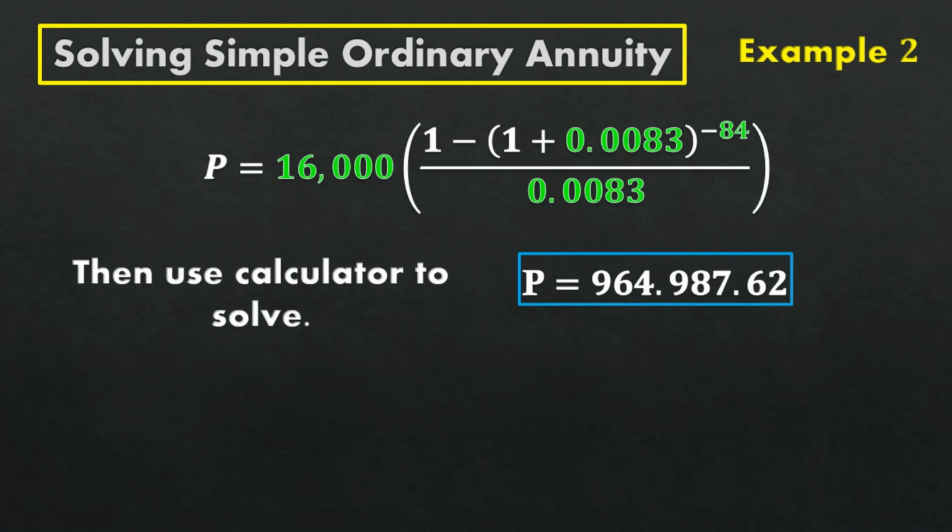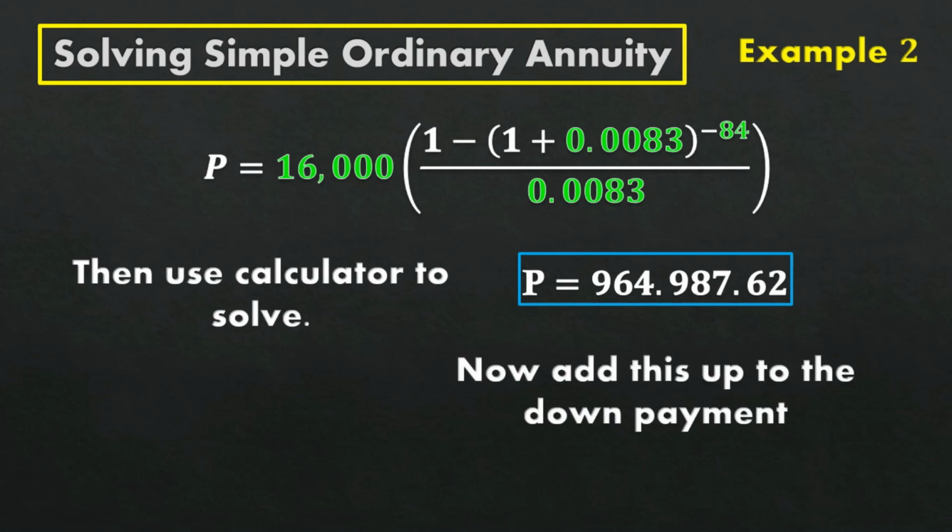So this is her total balance, this is not yet her cash price. The problem is looking for the cash price of the car, so we need to find out what the cash price of the car is. Remember that the cash price is equal to the total balance plus her down payment. So we add her down payment to the present value.